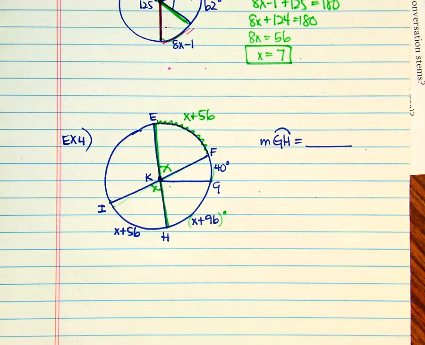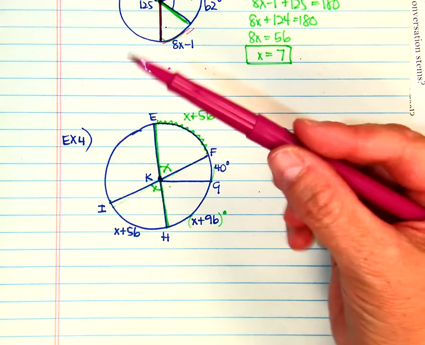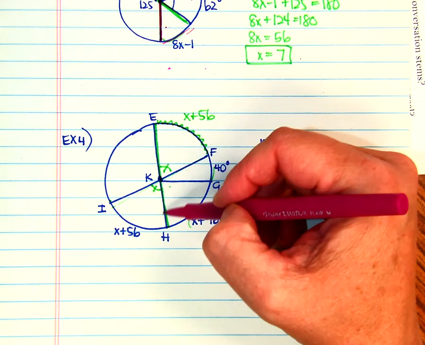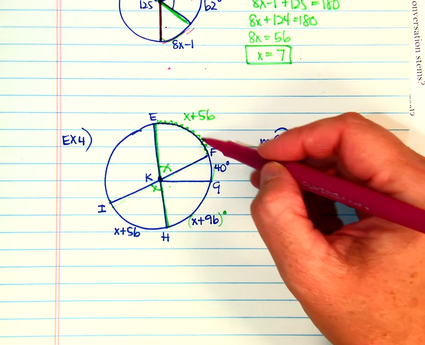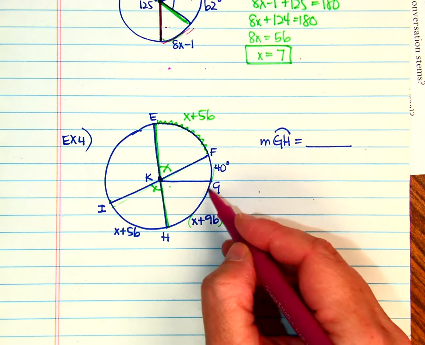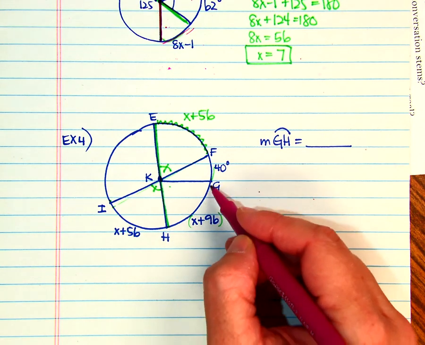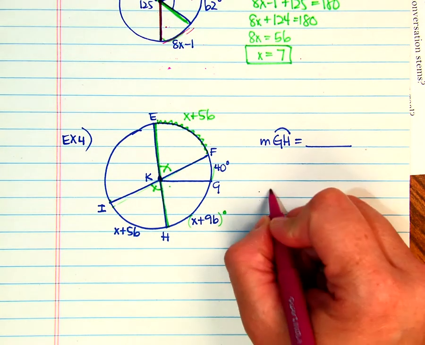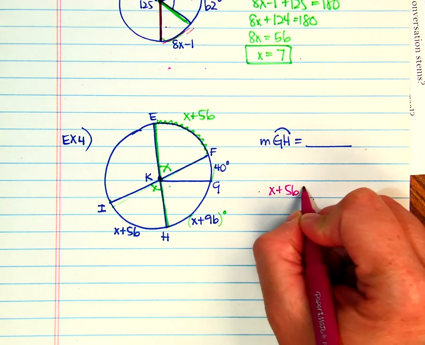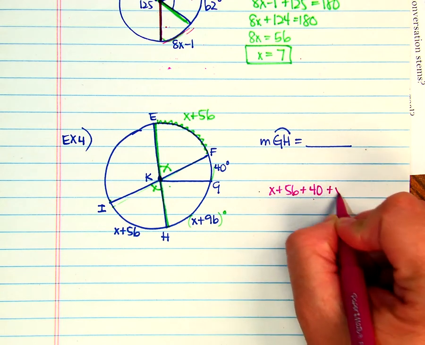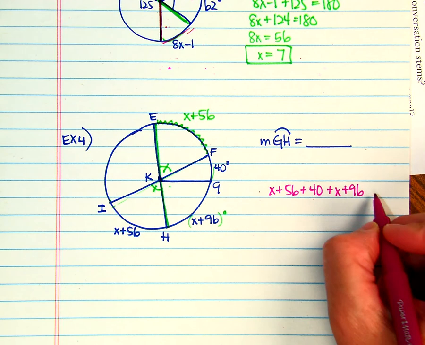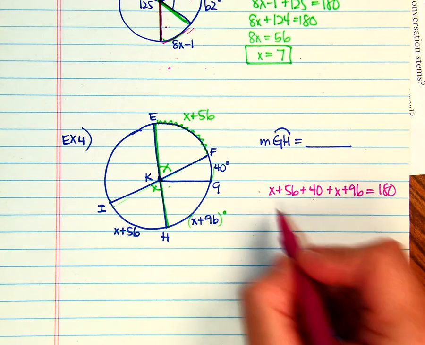So now if I look back at my diameter again, I have this arc, and this one. So I have enough to set it equal to 180 degrees. So x plus 56 plus the 40 plus the x plus 96 equals 180.